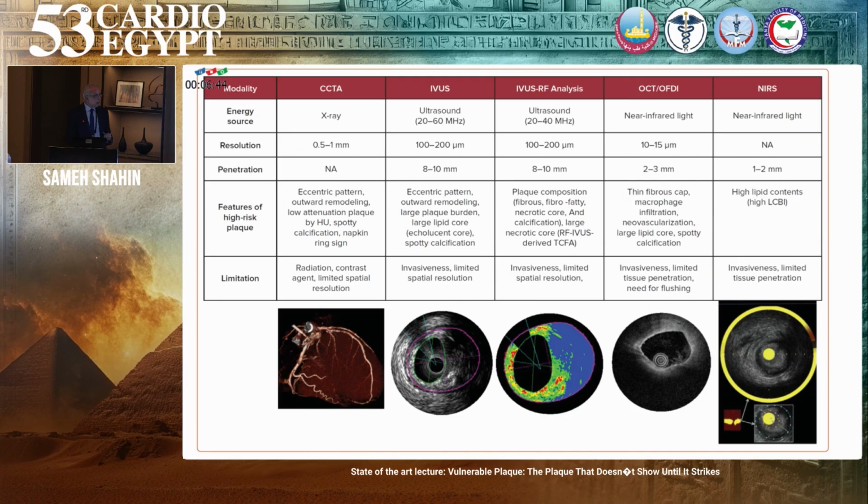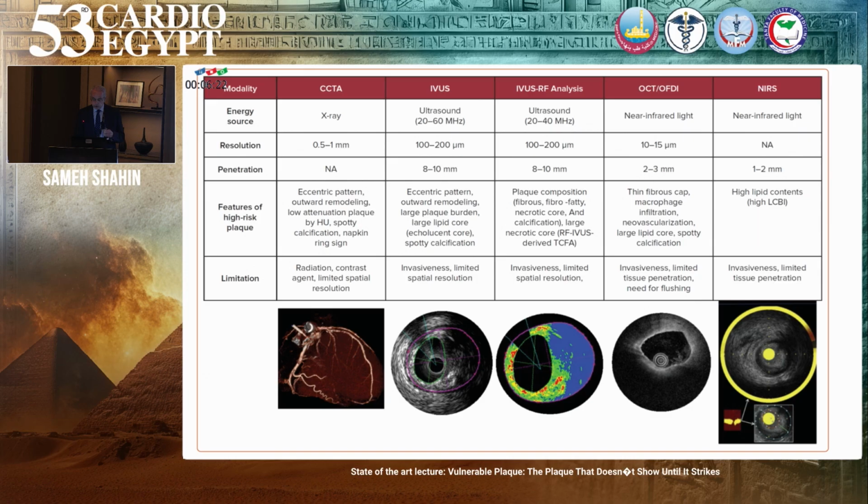All of them have specific criteria to diagnose whether the patient is having such vulnerable criteria, which puts him at high risk of developing acute coronary events, even if the plaque is non-obstructive, even if the plaque is causing no flow-limiting criteria.